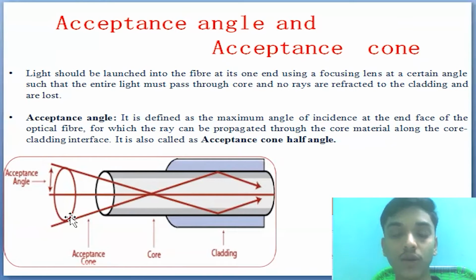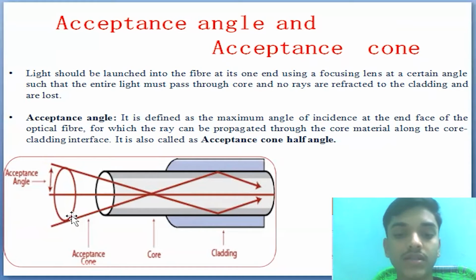So what he is also trying to say is that to get total internal reflection, we should choose the maximum angle, the critical angle, at which we propagate the light so that it forms total internal reflection inside the core.